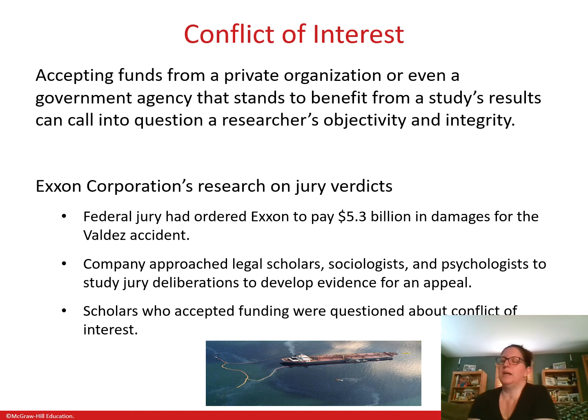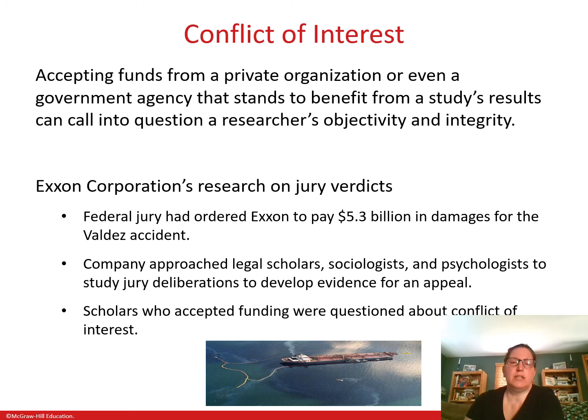And here we have an example of the conflict of interest that can occur when researchers accept funding for their research, sort of what I just explained with the example of the tobacco industry. So you must be careful it doesn't influence. A lot of pharmaceutical companies, the tobacco industry, and in this example, the Exxon Valdez. What happened when the oil spilled?